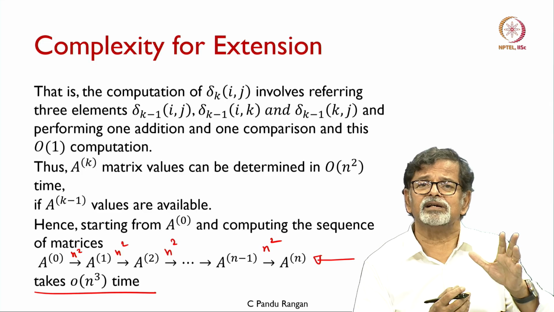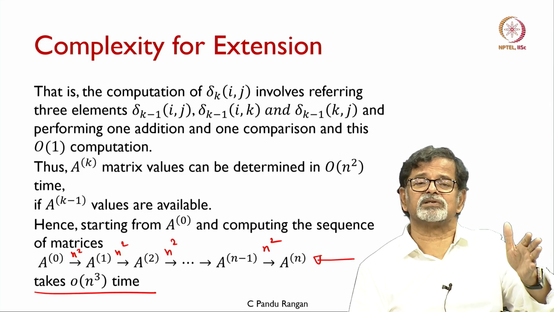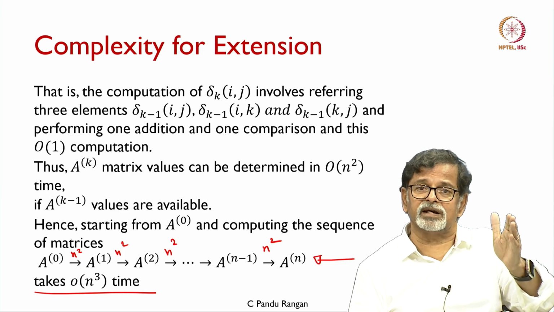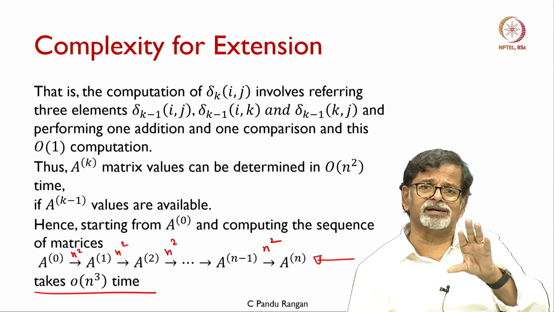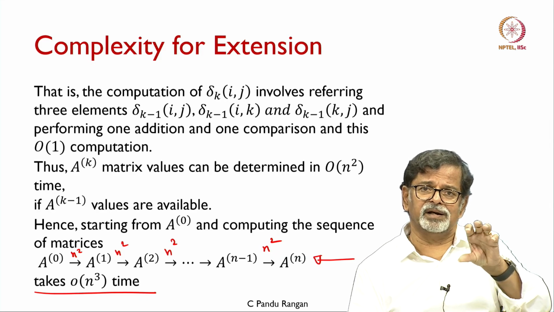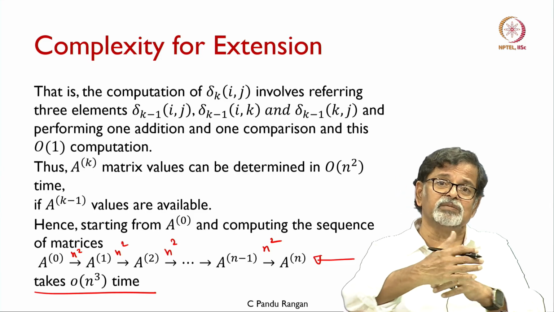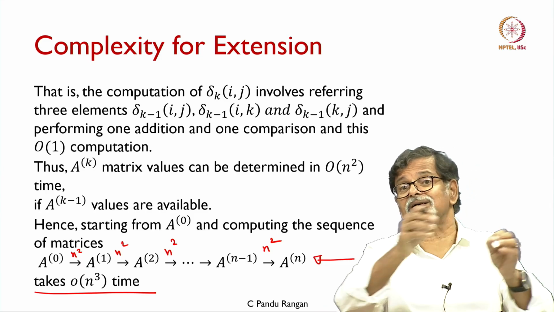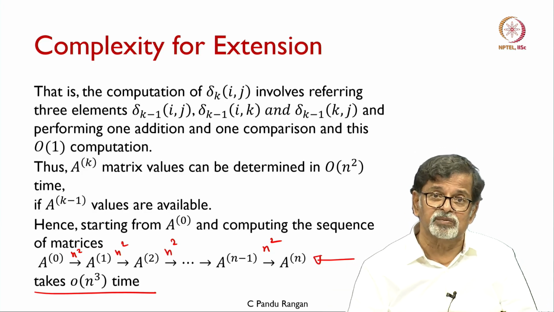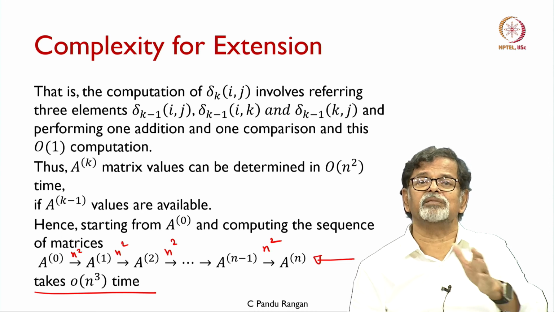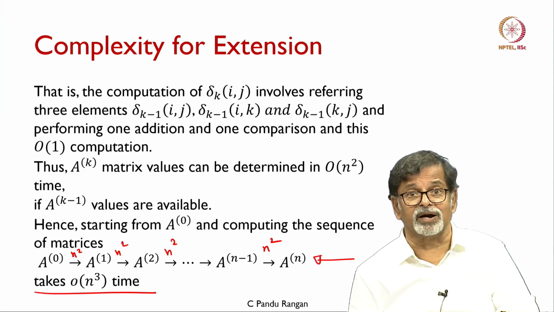It is an amazingly clever solution, right. Our previous solutions were all either n power 4 or n cube log n. Here, by looking at the collection of shortest paths using the maximum value of the intermediate vertex and not the lengths, we got a formulation, and for this formulation the time it takes to go from one matrix to the next matrix is only n square.